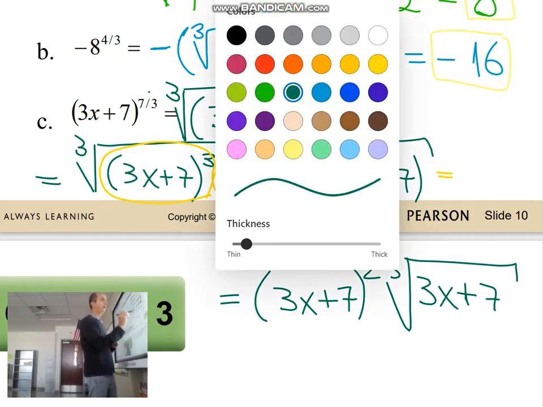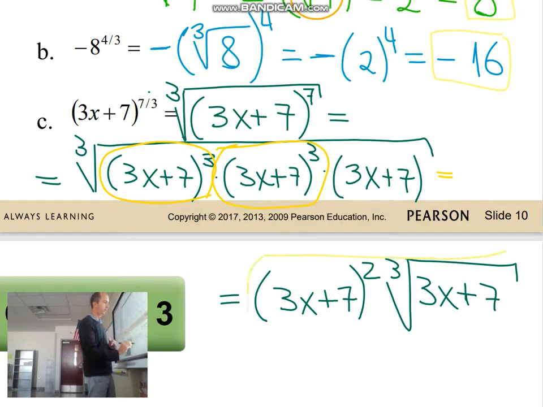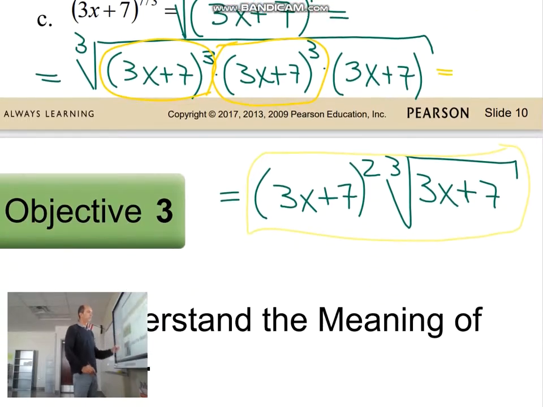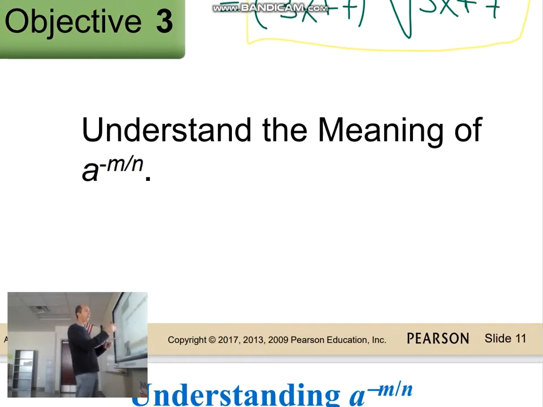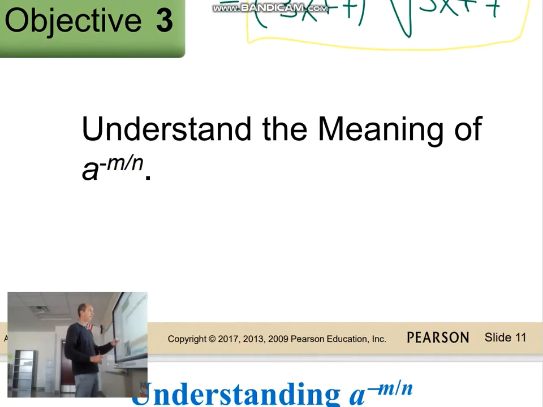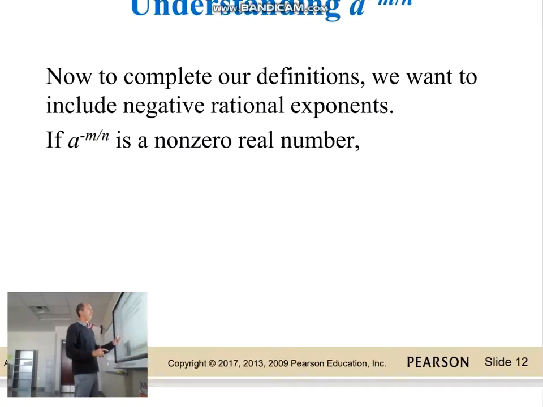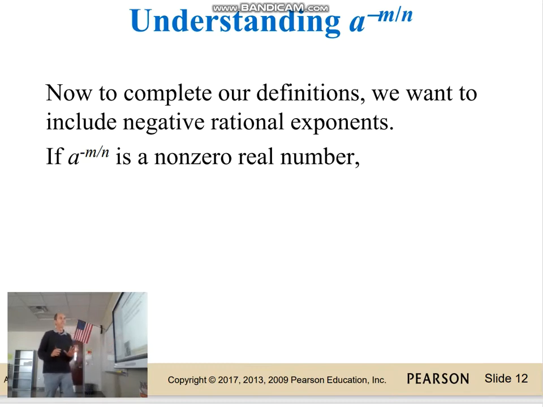Okay, now let's move on to the next objective, number 3, to understand the meaning of a exponent negative m over n. And now, to complete the definitions, we want to include negative rational exponents.